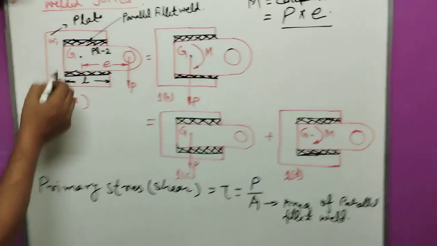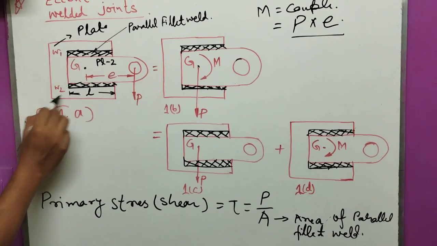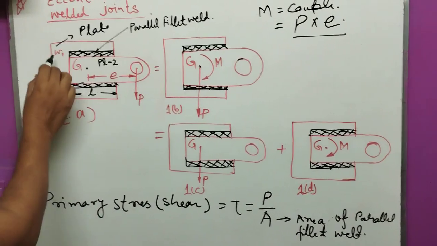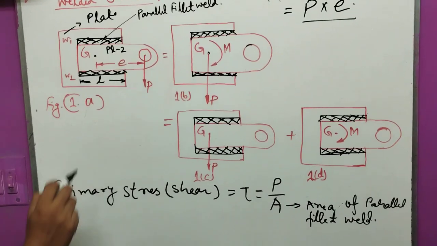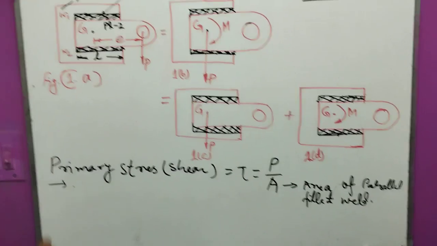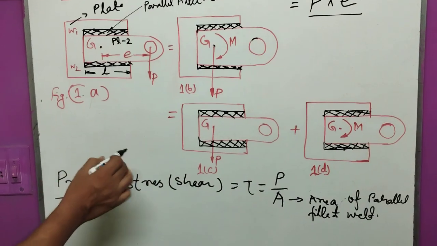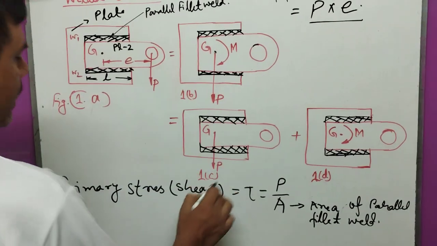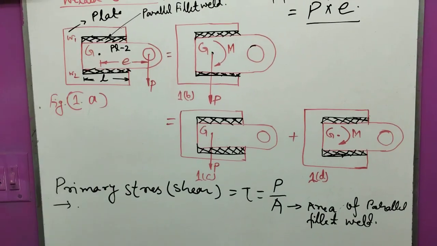From figure 1A, the welds are denoted W1 and W2, the parallel fillet weld 1 and parallel fillet weld 2. Now we equate the stresses working under the eccentric load.